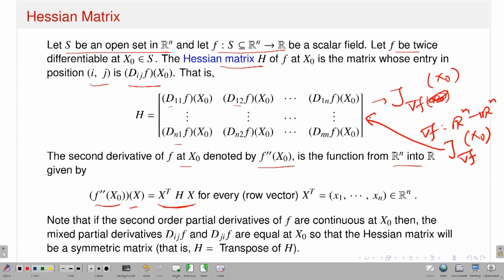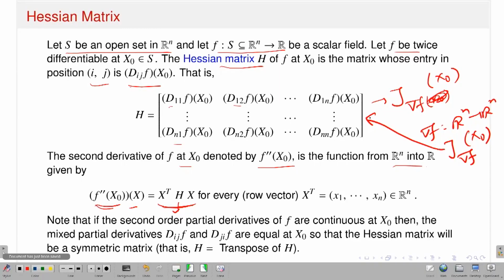Now, if your function is twice differentiable, then the derivative map at the point x naught is nothing but a quadratic form, where the matrix H is the Hessian matrix. If I assume that my second order partial derivatives exist and are continuous, then your Hessian matrix is a symmetric matrix, and you will have the associated quadratic form, which is nothing but the total derivative acting on x. That is how it connects.